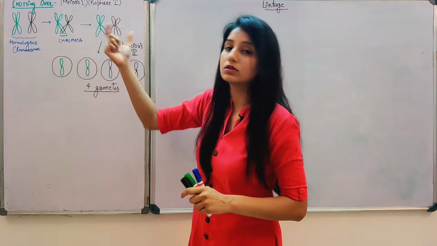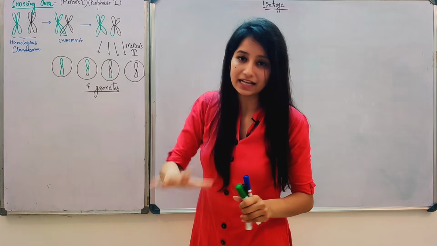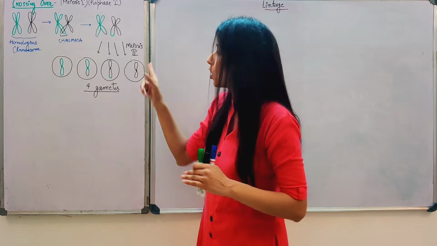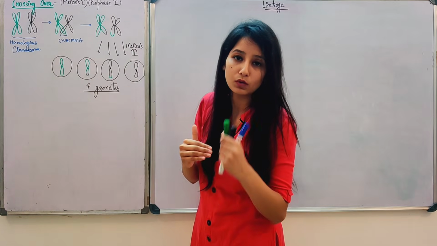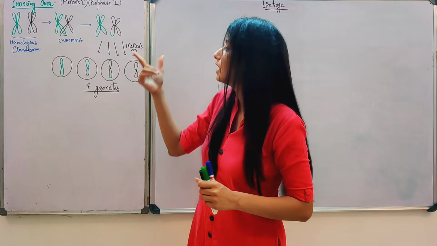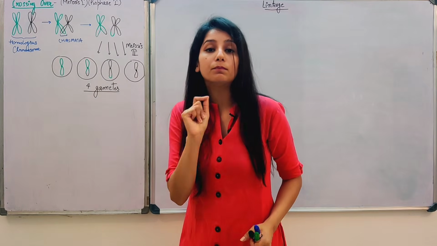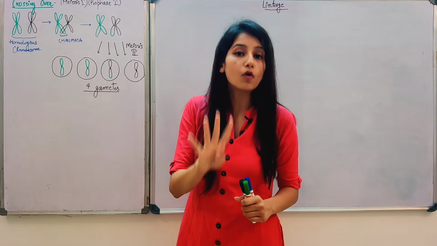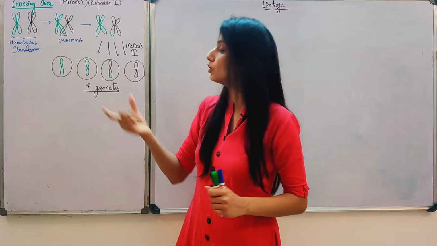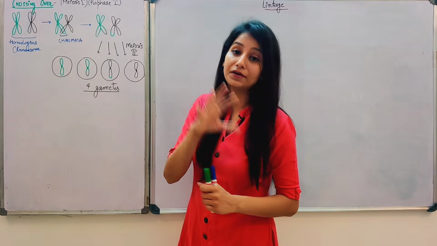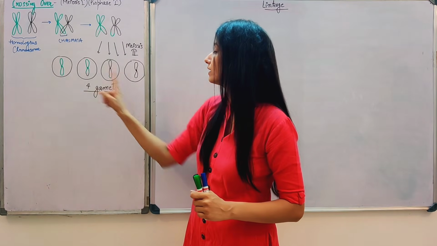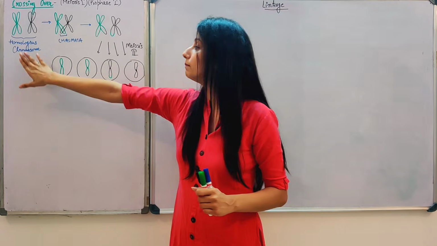So this is how crossing over is done in a basic sense, and then after that meiosis 2 will occur, as crossing over occurs in meiosis 1. Then meiosis 2 will occur and gametes will be formed. From one pair of homologous chromosomes, 4 gametes are formed. Here you can see that 2 gametes are similar to the parents.